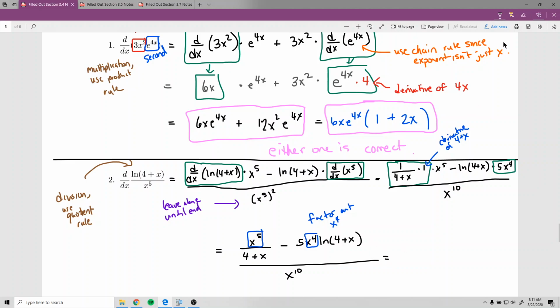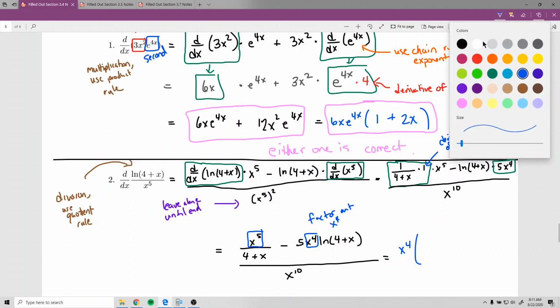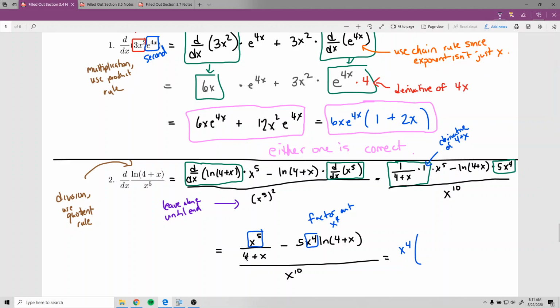Okay, so I'm going to factor out the x to the 4th on the top because it's in both terms. When we take out the x to the 4th in the front term, we have 1x on the top remaining over 4 plus x. And then in the second term, the whole x to the 4th is gone. So we got 5 times the natural log of 4 plus x.